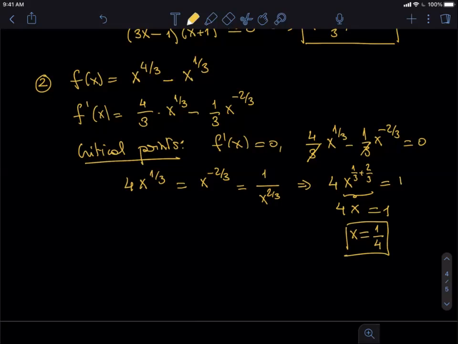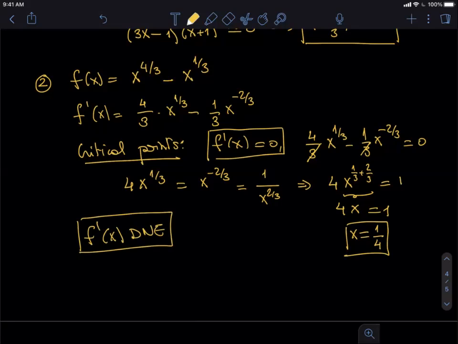Is that it? Well, remember, we need to also check. We checked f prime of x equals 0, but we also need to check where f prime of x does not exist. And there is a delicate point here: x equals 0.